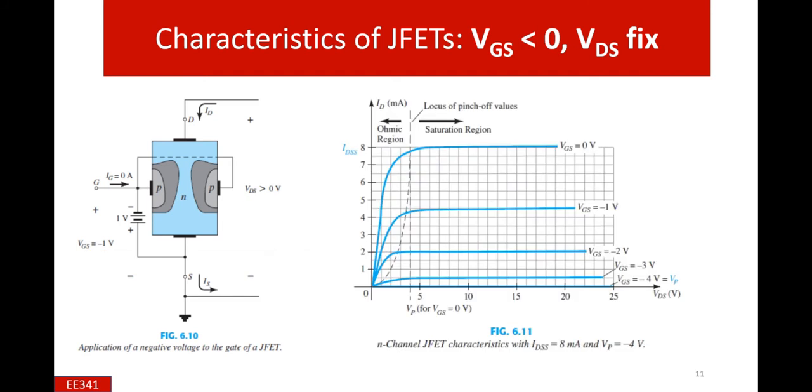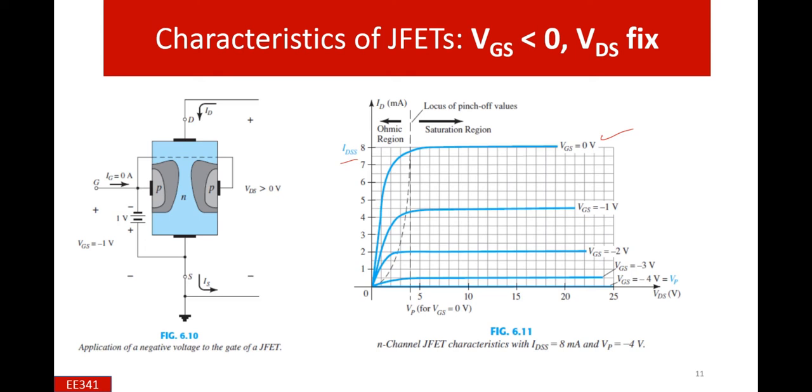in this diagram. If we further change the gate voltage, for example, this situation occurs when VGS is 0. In this case, IDSS is the saturation current, and this is the max value in these situations.